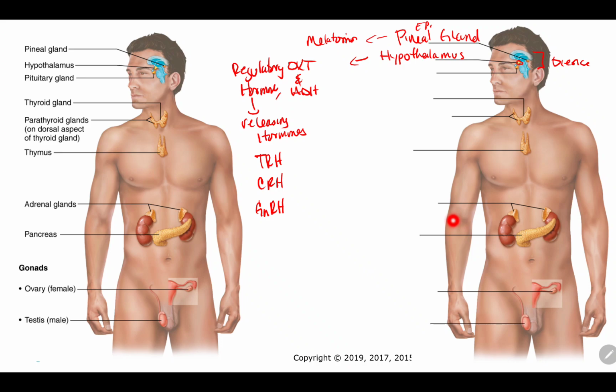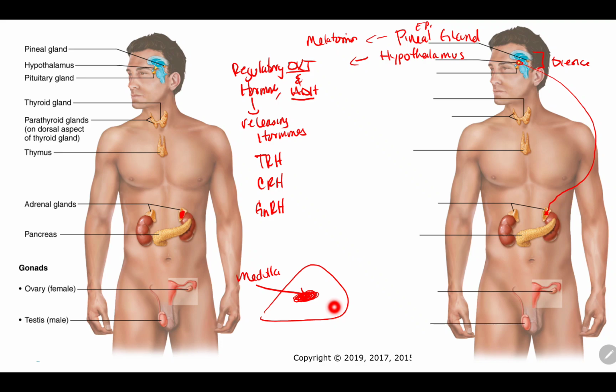And it also has direct control over the adrenal medulla, this portion of the adrenal glands. When we look at the adrenal glands, we notice that we have the medulla in the center. A neuron extends directly from the hypothalamus to the adrenal medulla, so it exerts its direct control over it.